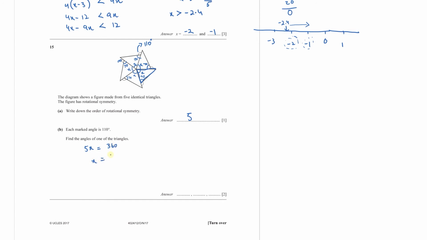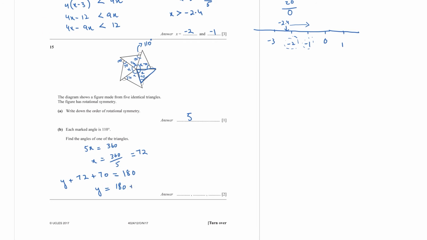So X would be 360 divided by 5, which is 72. So your second angle is 72. Then you can find the third angle. Let's call that Y. Y plus 72 plus 70 would be 180. So Y would be 180 minus 72 plus 70. 72 plus 70 is 142.